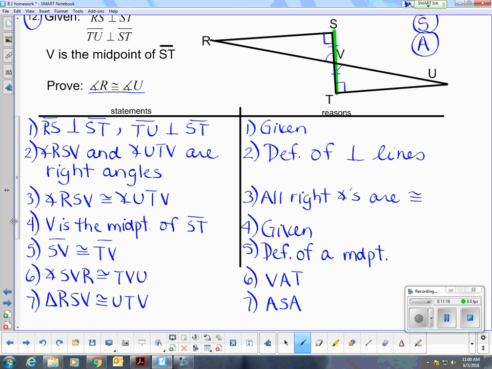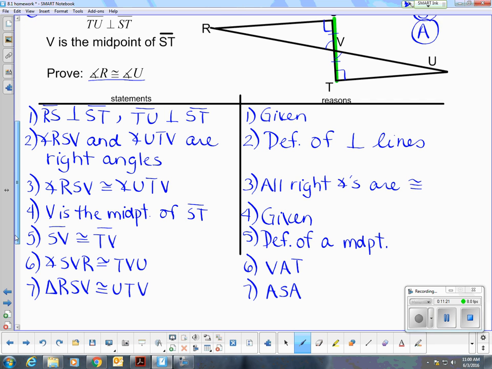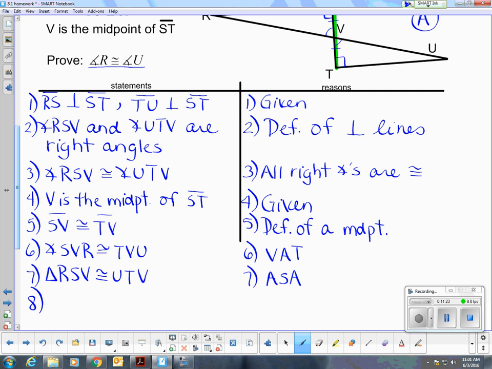So now that I've proven that the triangles are congruent, I can now conclude that angle R is congruent to angle U. Angle R and angle U are corresponding parts which belong to congruent triangles, therefore they are also congruent.